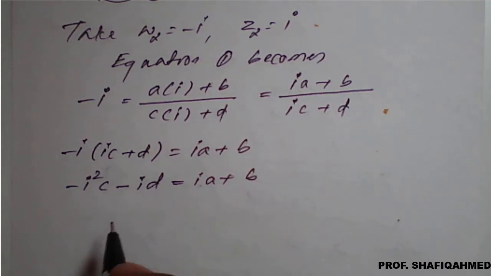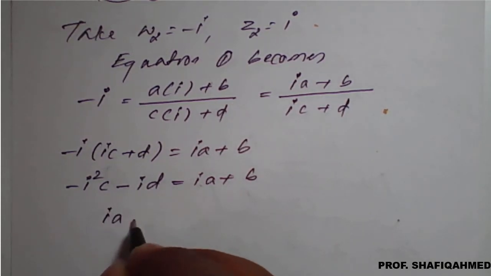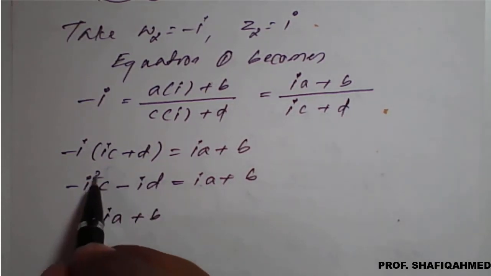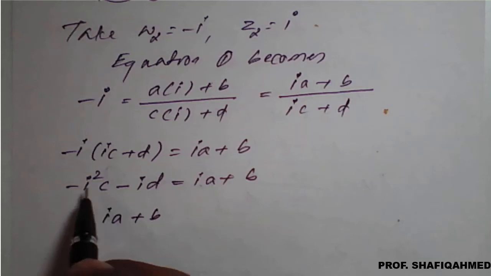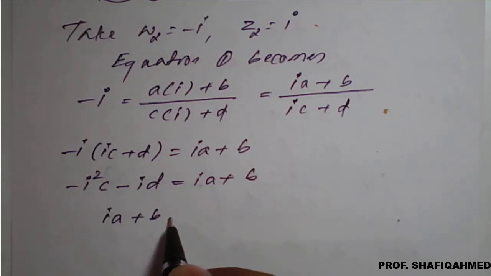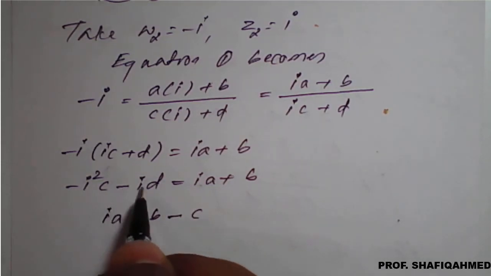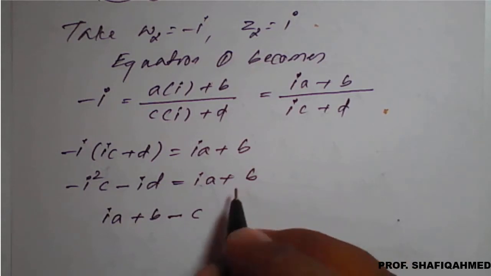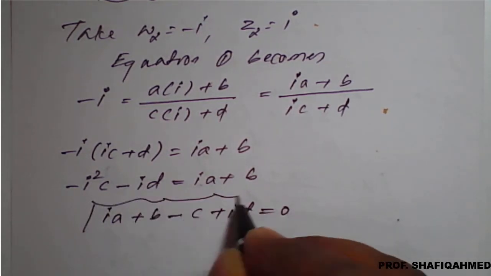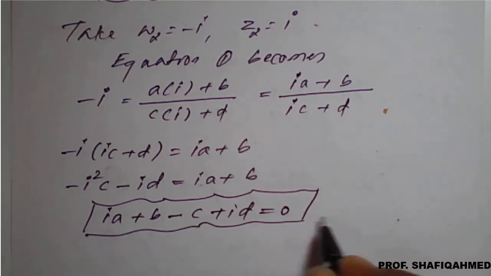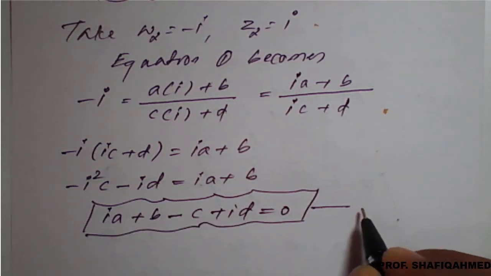It will become iA plus B. This i square is minus 1, so that minus becomes plus, so plus C, if you shift to the other side it will become minus C, and this minus iD, if you shift to the other side it will become plus iD, equal to 0. So we got equation number 3 by the W2 and Z2 values.